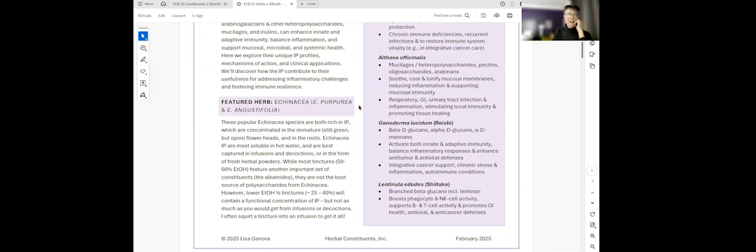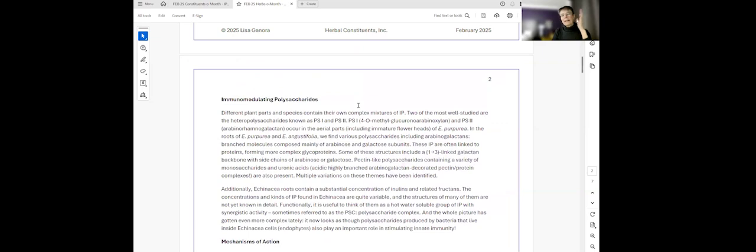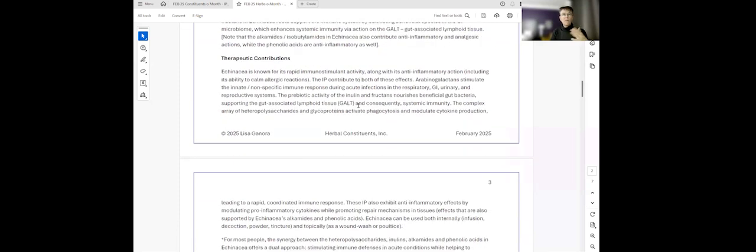So you can see that there's a lot of details about what's in that individual herb, what we know from scientific studies about how it works on a cellular level, how these constituents in this herb contribute to the actions and the energetics of the herb, right?